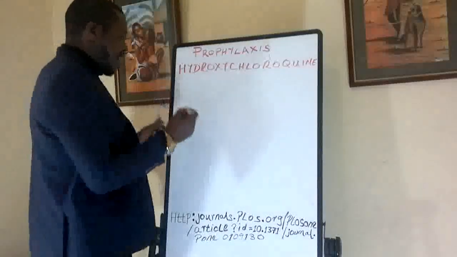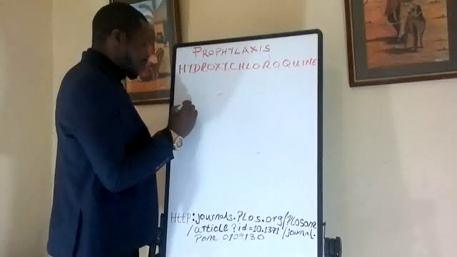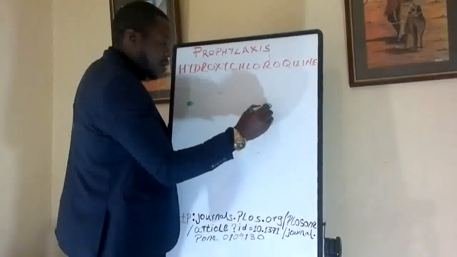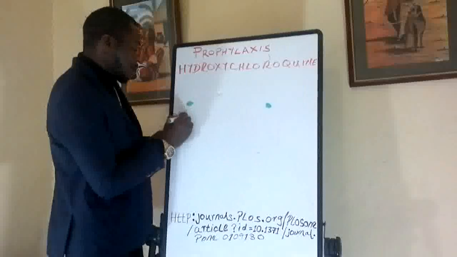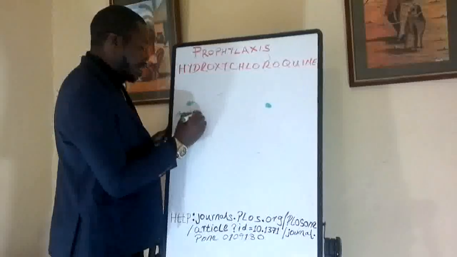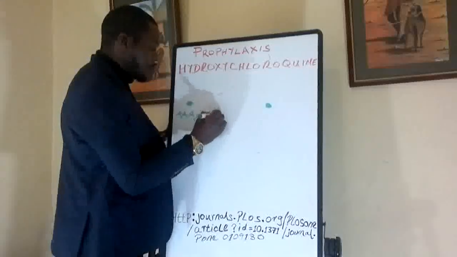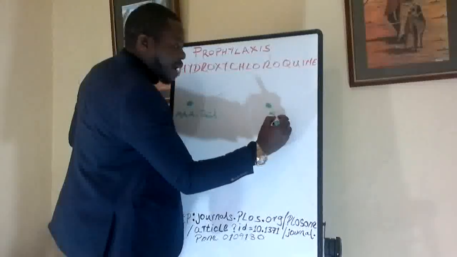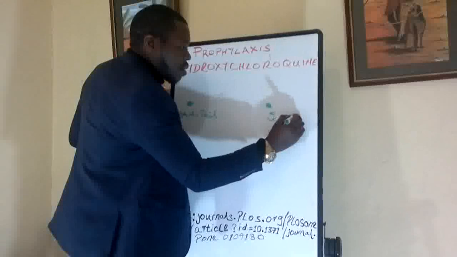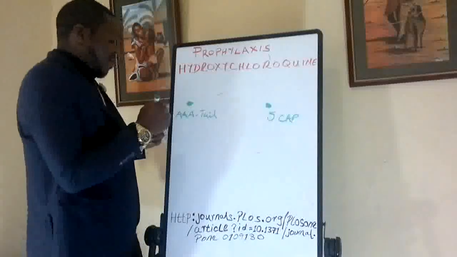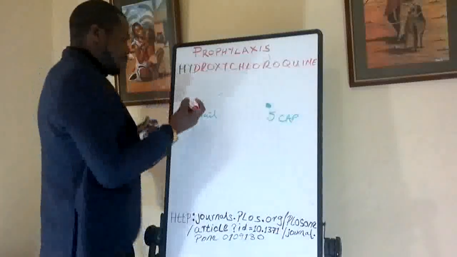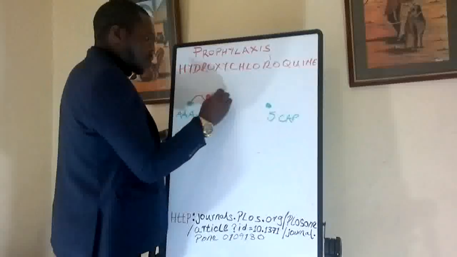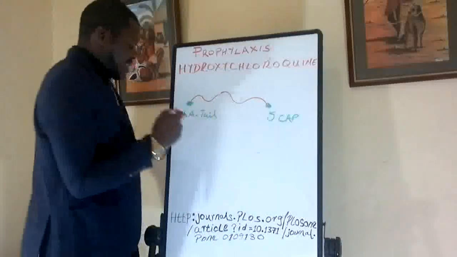So let me just give you a diagram of how the RNA has been modified inside the cytoplasm. On one end, we have a poly A tail, and on the other end, we have a 5' cap added onto the RNA. So that's the RNA.